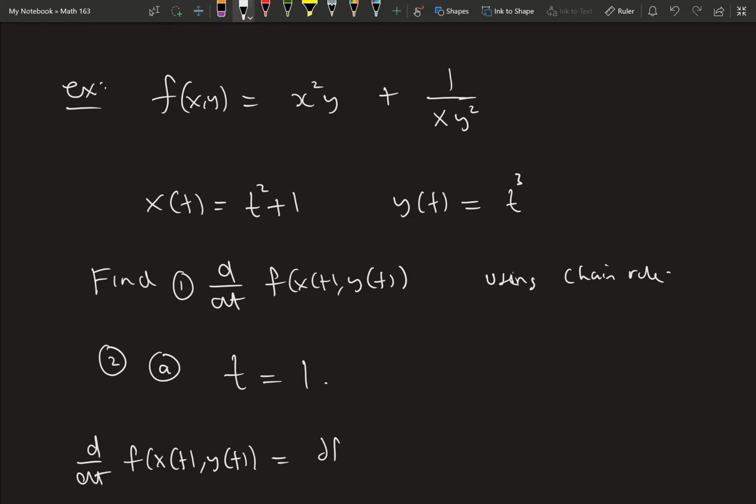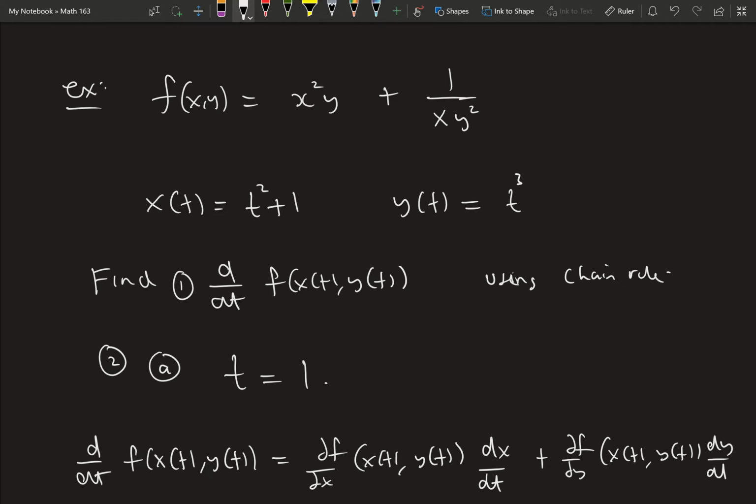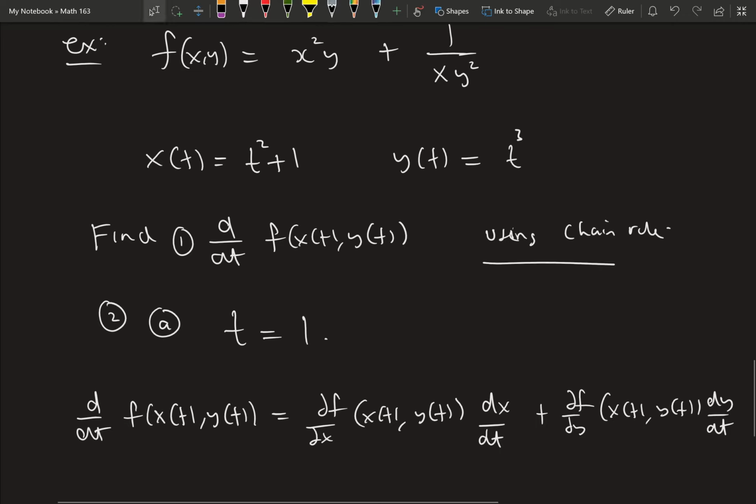This is del f del x at x of t, y of t, dx dt, plus del f del y at x of t, y of t, dy dt. This is the chain rule, so we want to use the chain rule. It's possible to do this problem without using the chain rule, which would be to first plug the x and the y into f. You get a single variable function in t, and then just take the derivative.